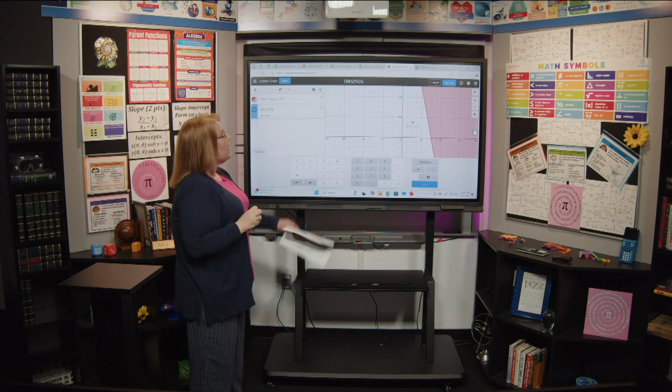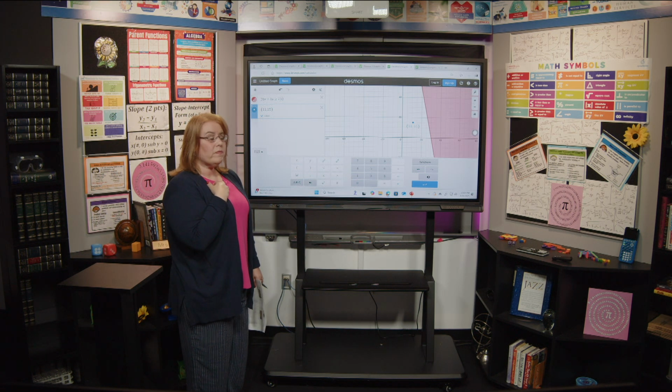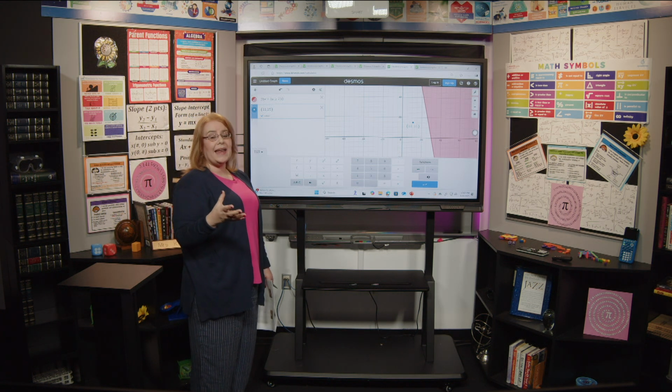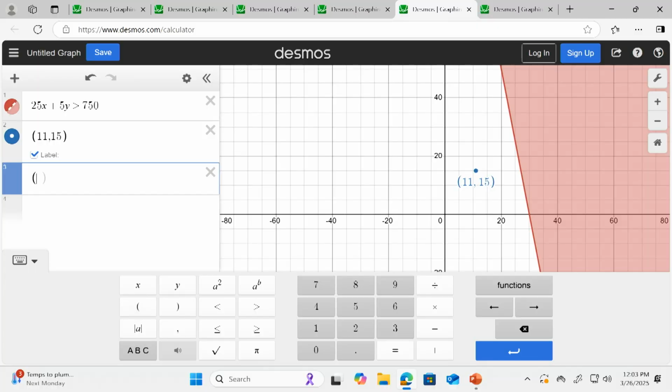It shows me on Desmos that my guess was not right. Let's check another guess. Let's say that our guess was 9 whole and 2 slices. So let's plug that in. So I'm going to put 9, 2, and I'm going to label. That one's not either.